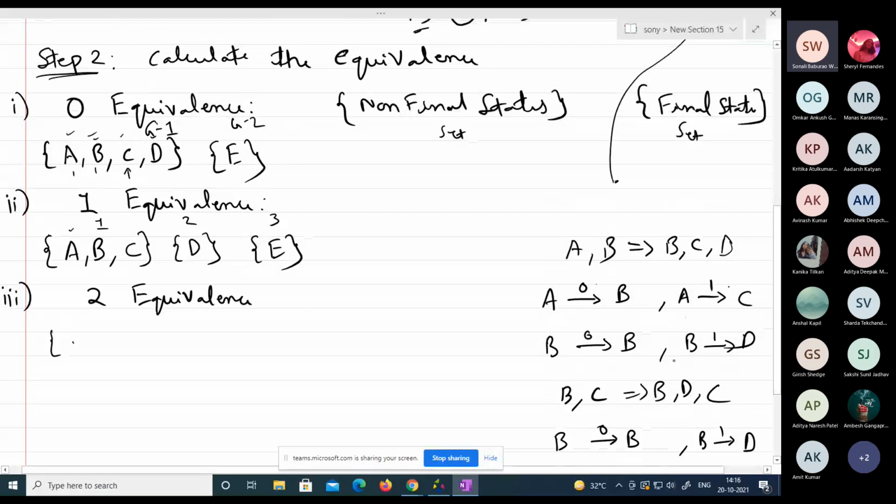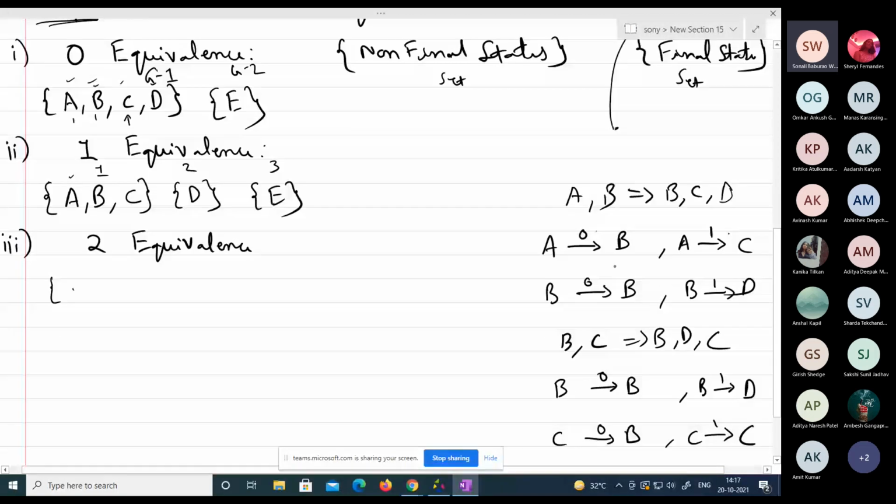Now what to do over here when you get such results, where we are not sure which state is accepted and which is not accepted? So over here, just see individual values now. For two equivalents, check the individual values. A on 0 is giving me B, isn't it?